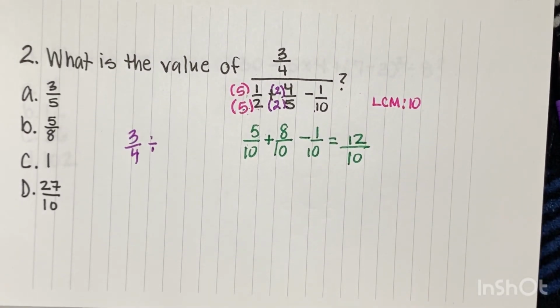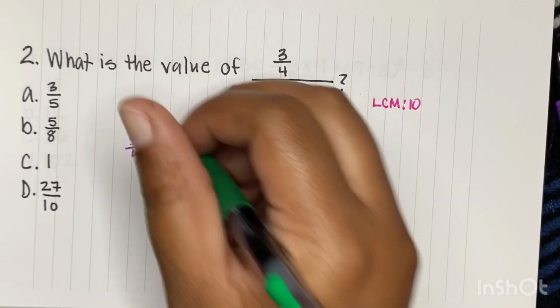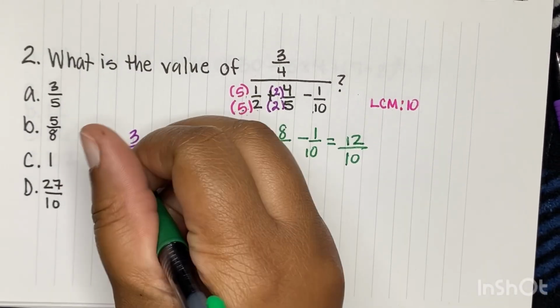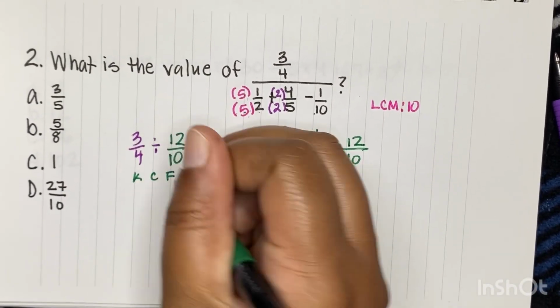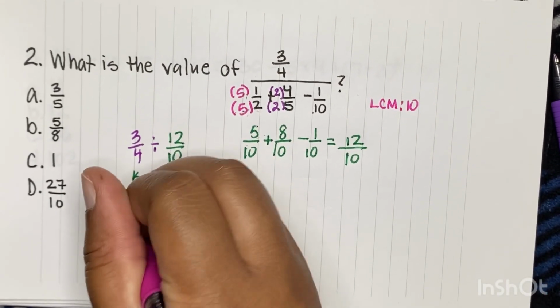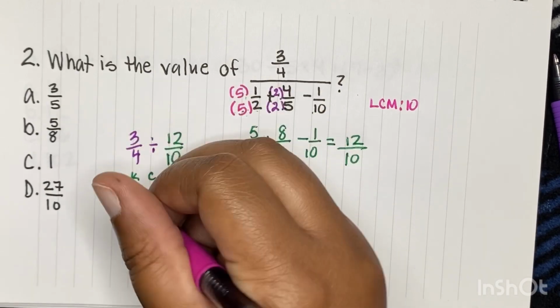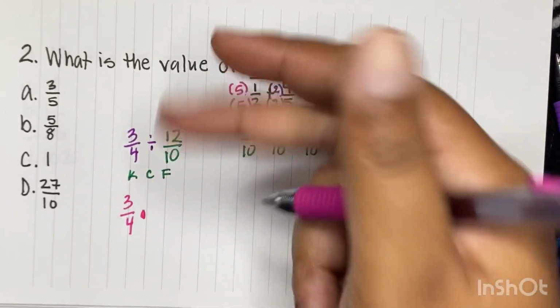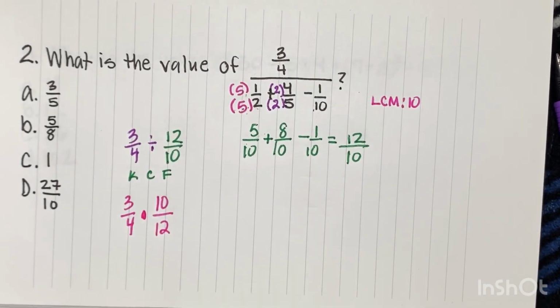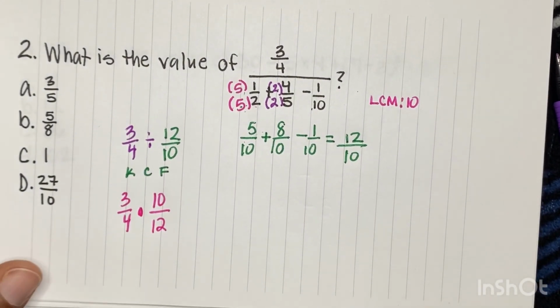Okay. So then we're gonna move this over here. So now we're gonna use our keep, change, flip. Okay. So we're gonna keep this the same, 3/4. We're gonna change this operation to times, and we're gonna flip this to its reciprocal, 10 over 12. Okay, and then we can cross simplify.